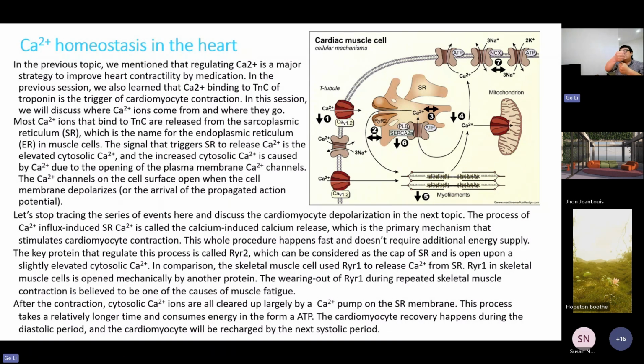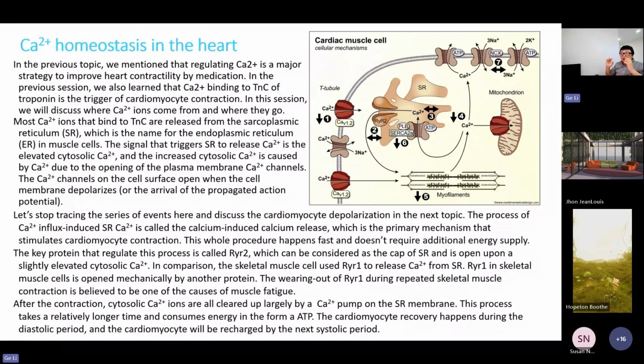So when the troponin is activated, it removes the tropomyosin from the actin so that the myosin will bind to the actin. When the myosin binds to the actin, these two proteins really love each other. The myosin just grabs the actin inward to the center of the sarcomere. Because it has two arms, both arms bring the two actin fibers closer to the center. The whole sarcomere becomes shorter.